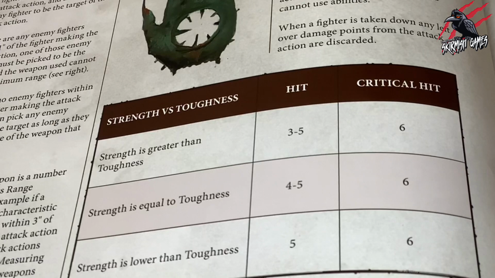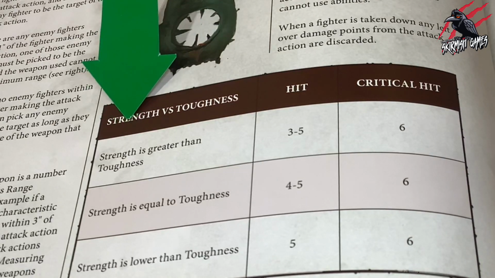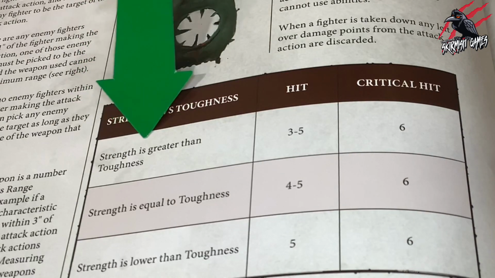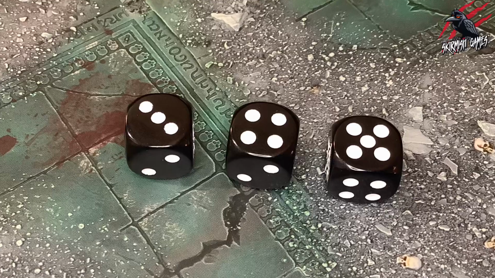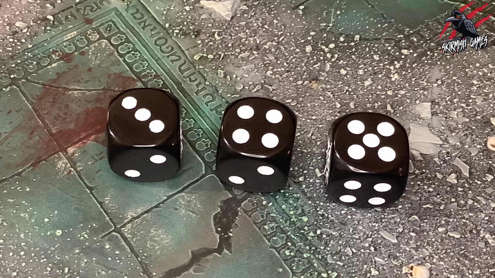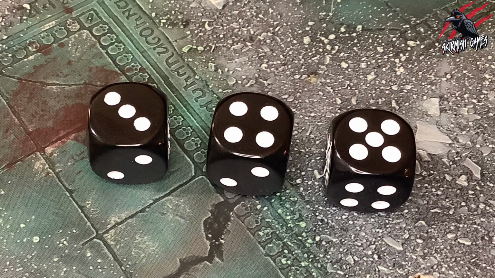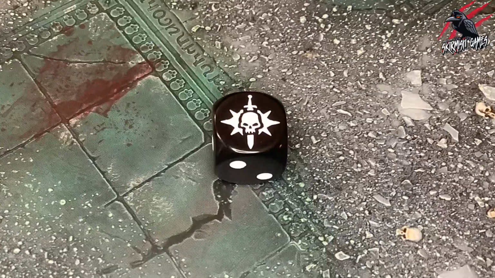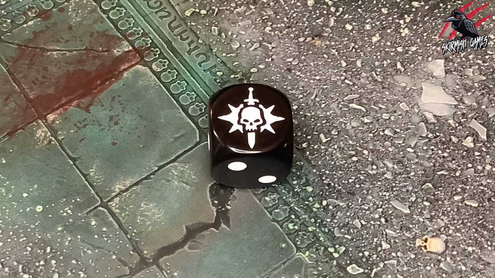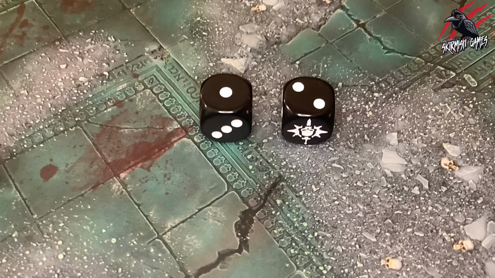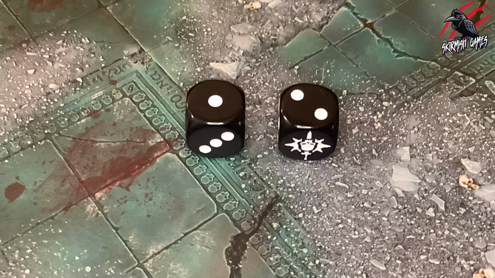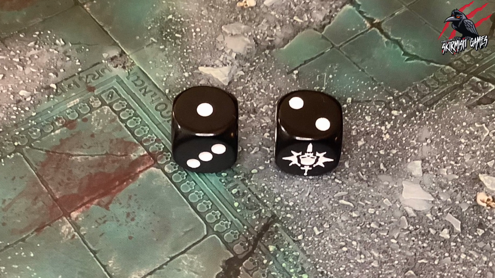In the first comparison, the strength characteristic of the weapon is greater than the toughness characteristic of the enemy fighter. On a roll of 3 to 5, that is a hit. On a roll of 6, that is a critical hit. On a roll of 1 to 2, that is a miss.